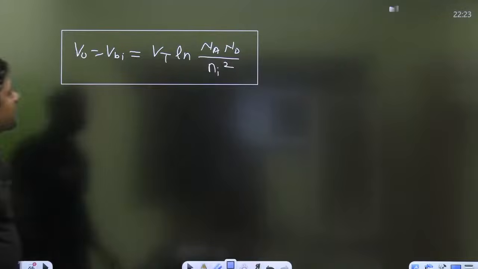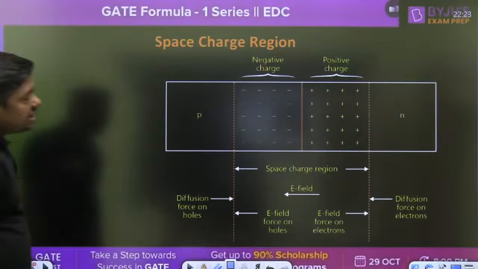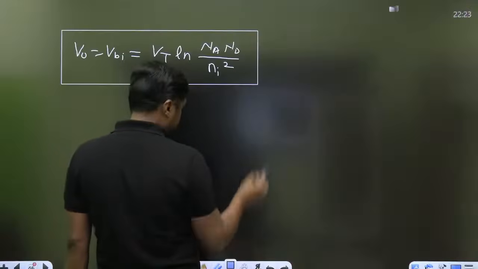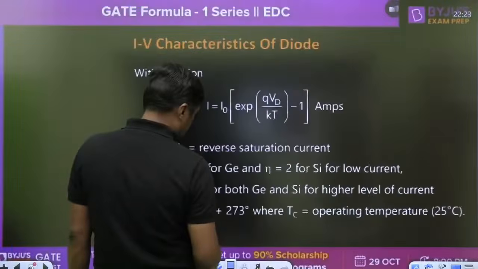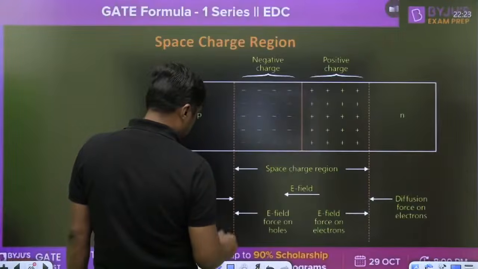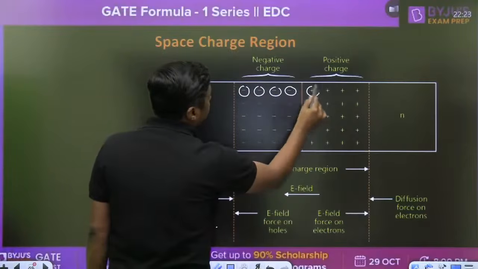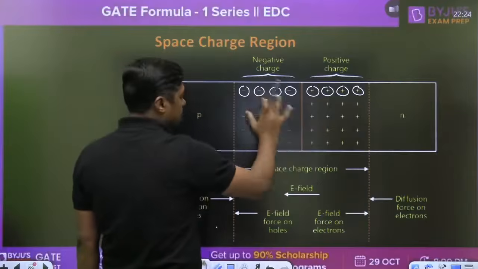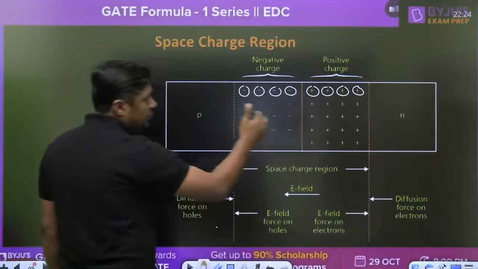Second, this is the space charge region. Here we are having the negative charge, that is negative ions. Here we are having the positive ions, and this is called the space charge region. The direction of the electric field is from positive to negative.